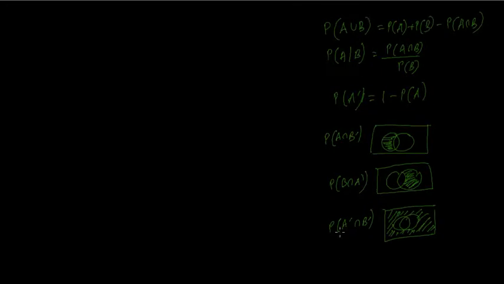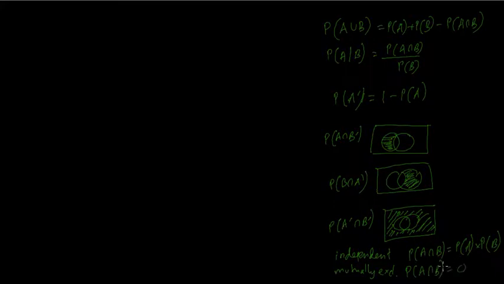And you need the two rules of independent probability. Independent means probability of A intersection B must be equal to probability of A multiplied by probability of B. And mutually exclusive means probability of A intersection B must be equal to 0.